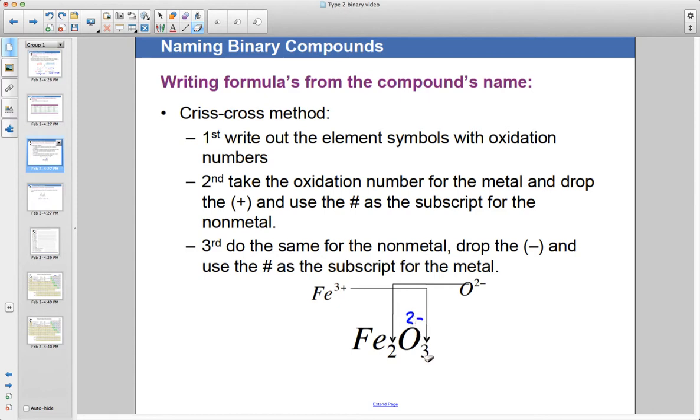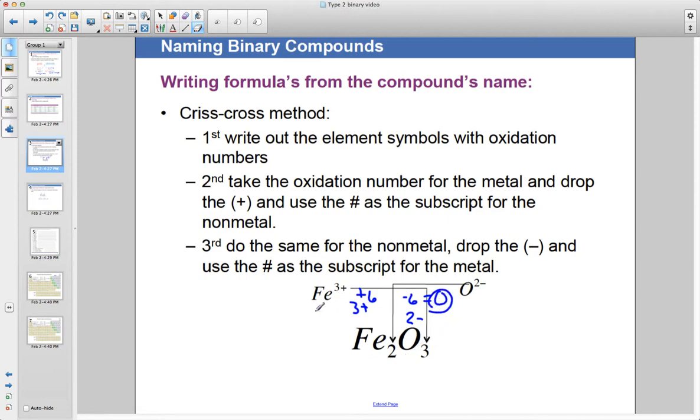If it took 3 of these with this 2 minus, then 3 times minus 2 is a minus 6. So this must have been a 3 plus, right? Because 3 times 2 here would have been a plus 6. Plus 6 and a minus 6 equals the 0 that we're looking for.